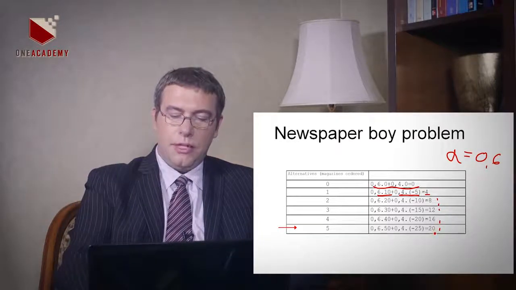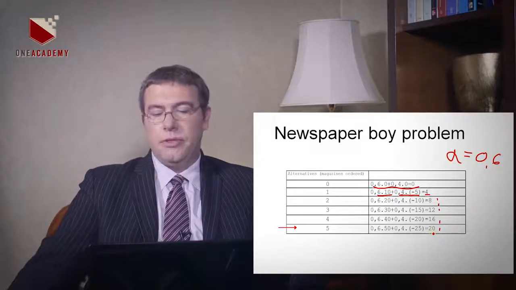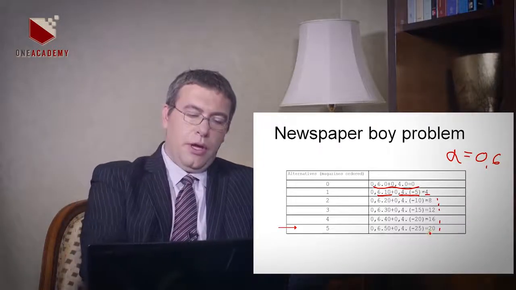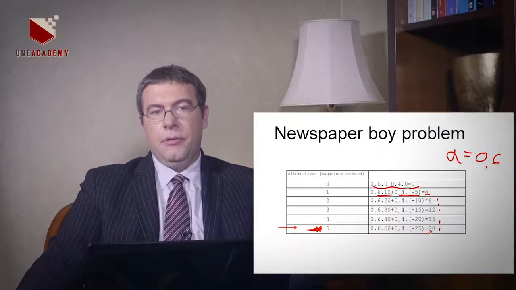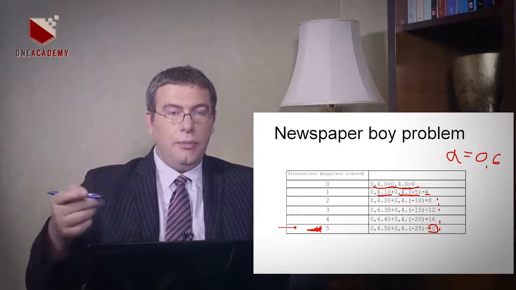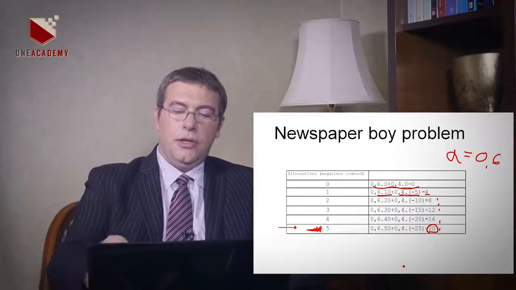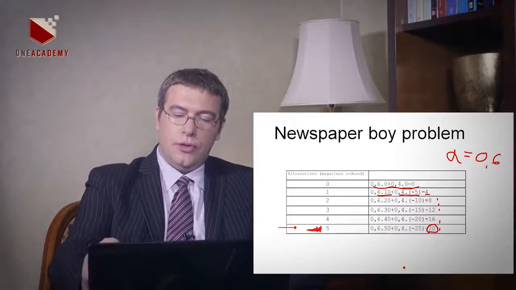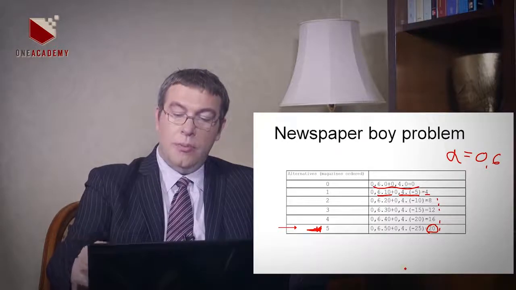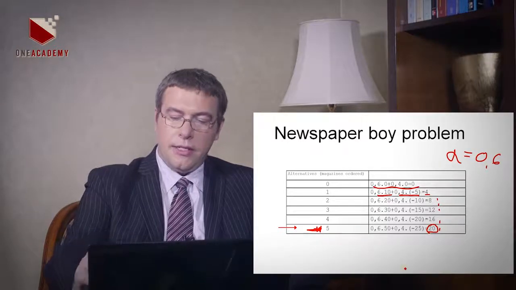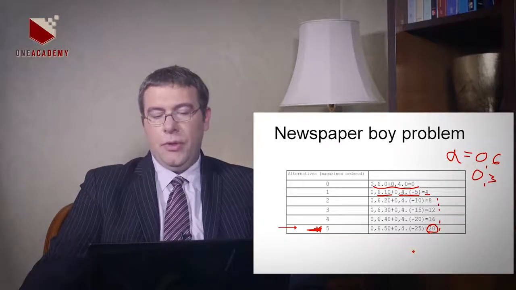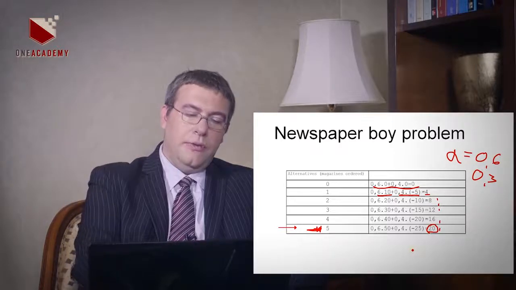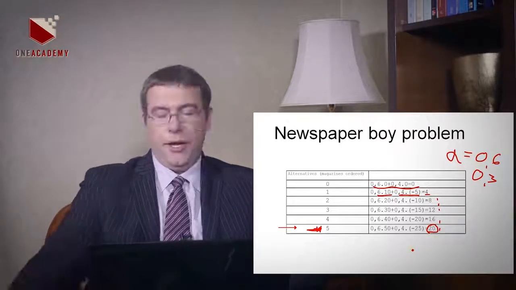So since we are maximizing profit, this is the best possible outcome here when we order 5 magazines. I would like to remind you that if we had not alpha equal to 0.6, but some other number, let's say 0.3, then most probably we would have ended up with a different alternative somewhere here.